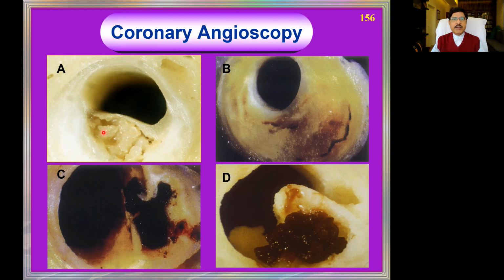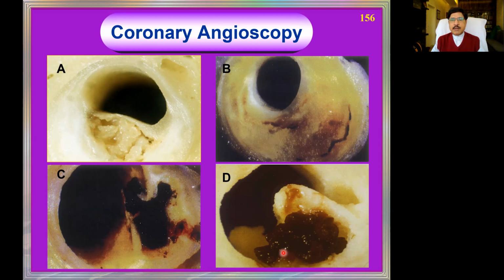B has a mild plaque rupture, but there is no occlusive thrombus or partial thrombus of the blood vessel. In C, there is a significant rupture and thrombus formation. This is all the thrombus and this is the lumen. Still, patency is there, and this leads to NSTEMI.